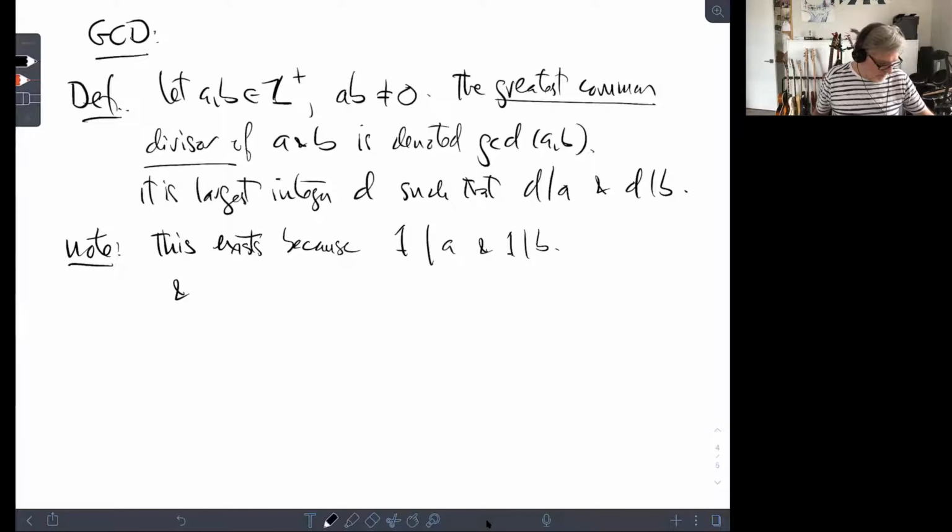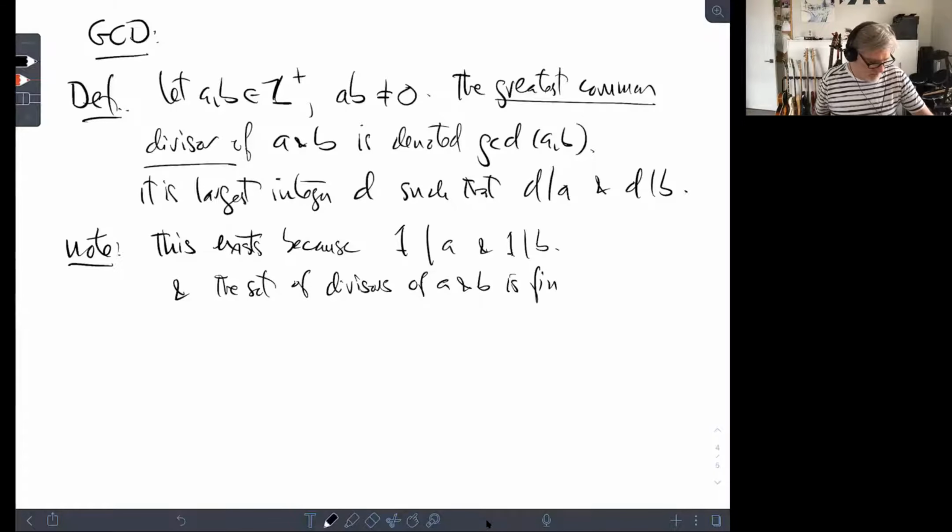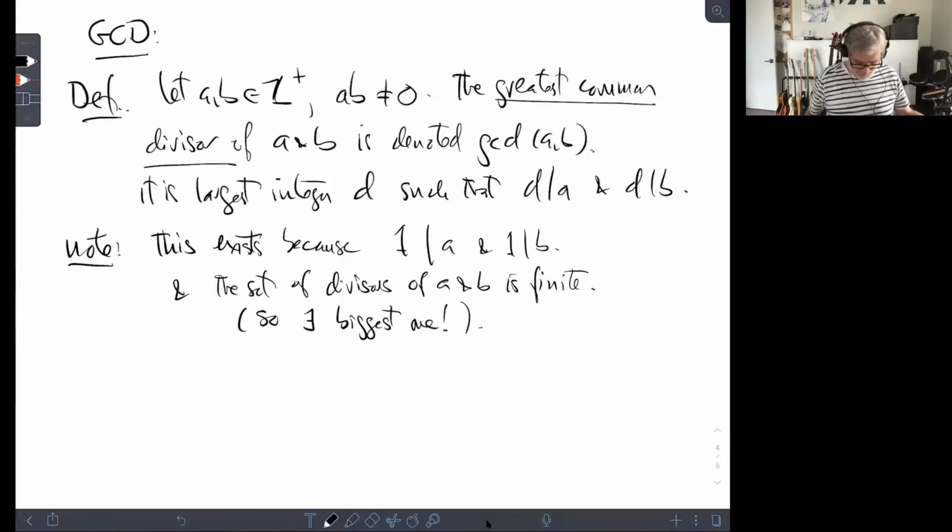And the set of divisors of A and B is finite. So there's a maximum element, there's a biggest one. And so there exists a biggest one. Okay, so this exists.